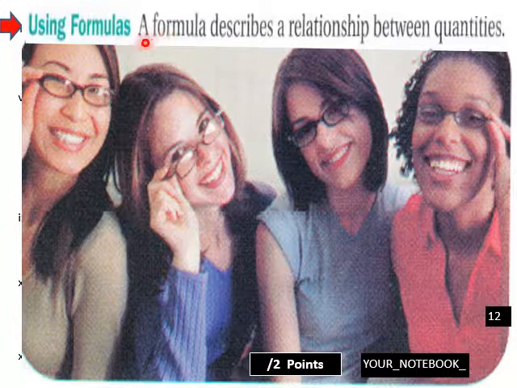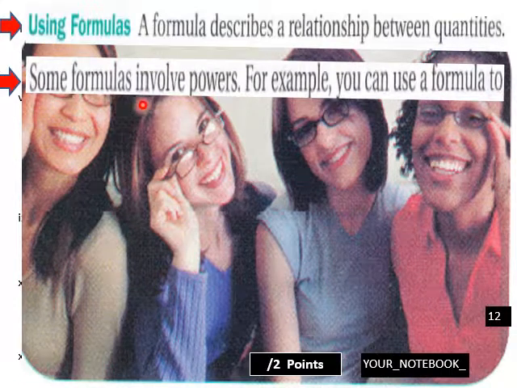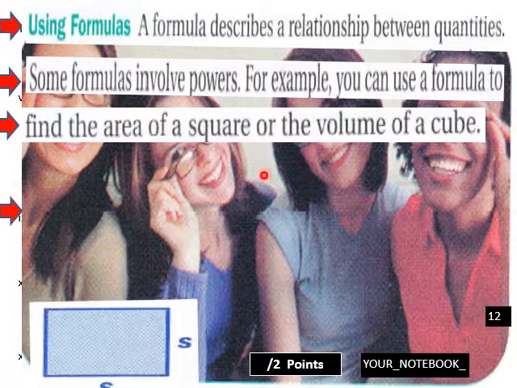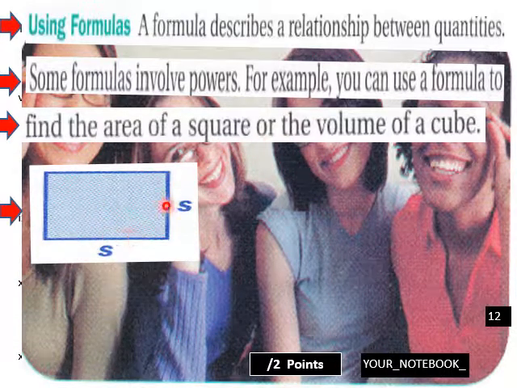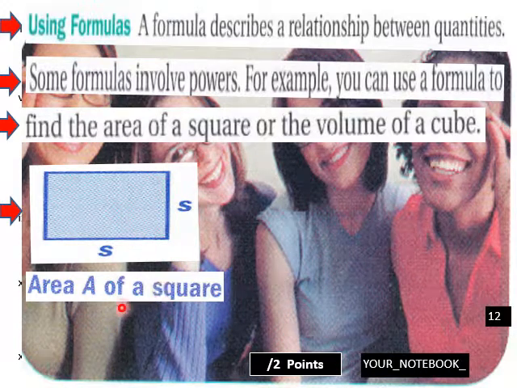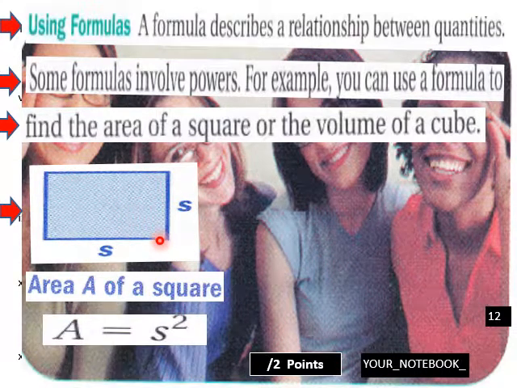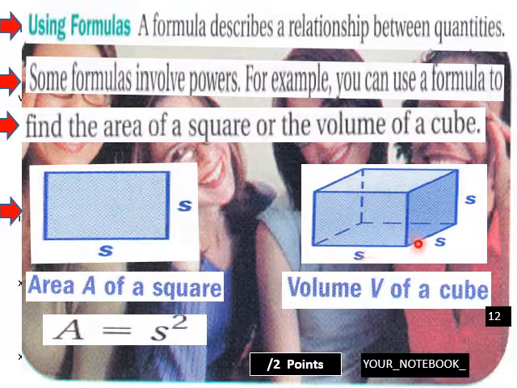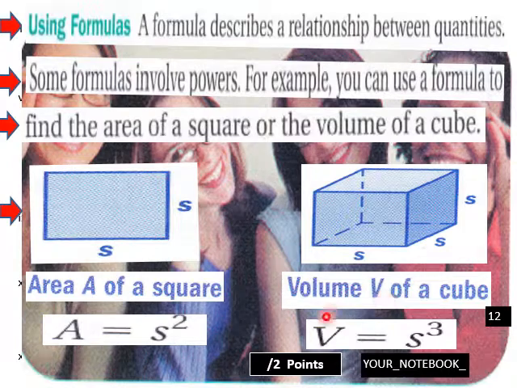A formula describes a relationship between quantities. Some formulas involve powers. For example, you can use a formula to find the area of a square or the volume of a cube. So this is the area A of a square. It would be S squared. And then here we have what looks like a cube, volume V of a cube.